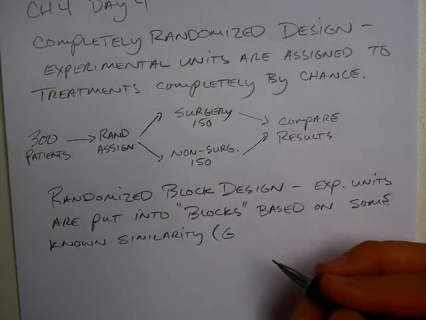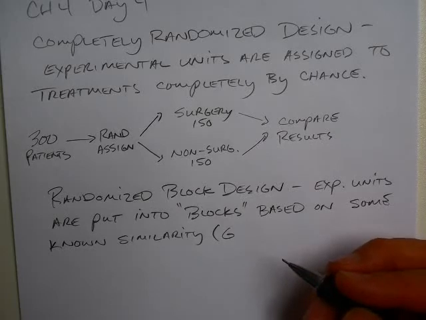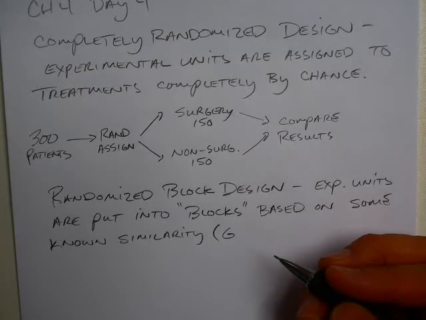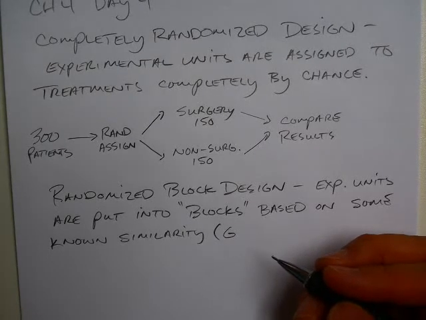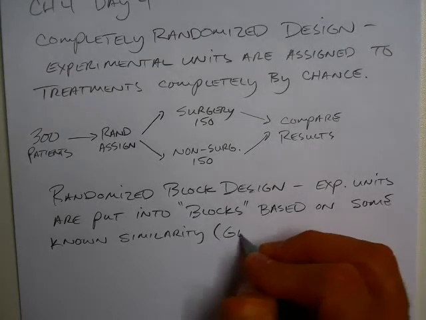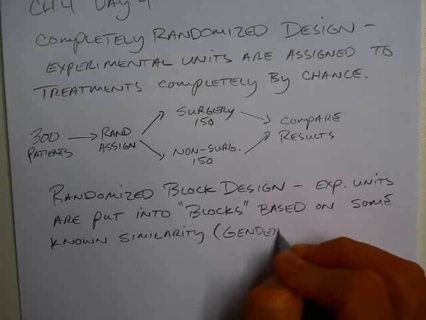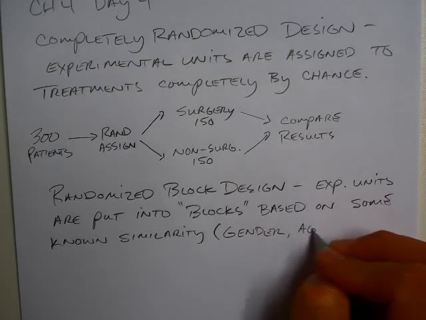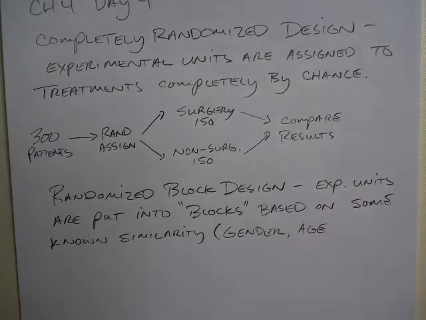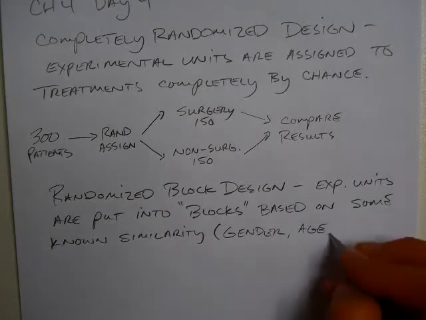Especially in terms of medical treatments, different races do respond, I understand, differently to different medicines, or at least to different diseases. You could be blocked by body type. How healthy are you? How physically fit are you? There's all sorts of things.